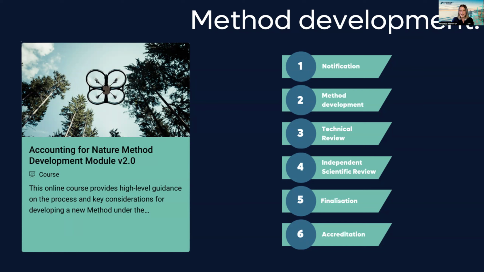Most methods are developed by organizations, but often in collaboration with various research institutes. The overarching steps of method development start with sending us a notification of the intent to develop a new method. At that stage, we make sure that there isn't already an existing method available in our method catalog that is too similar to the method you're proposing.